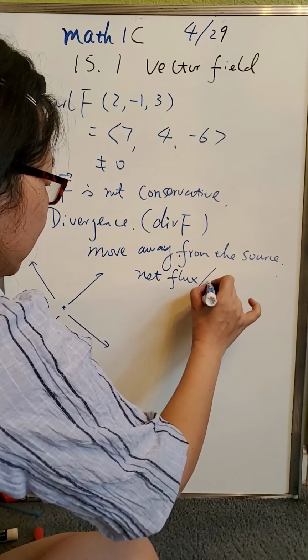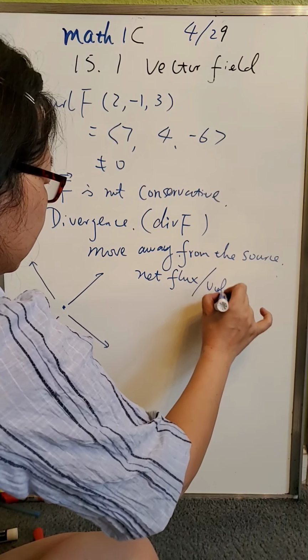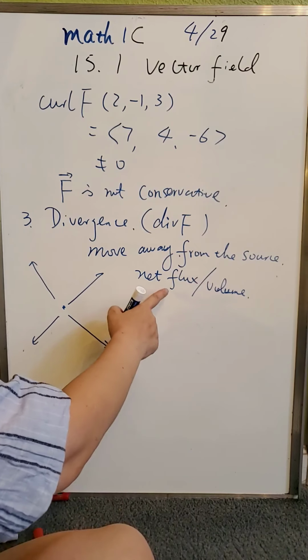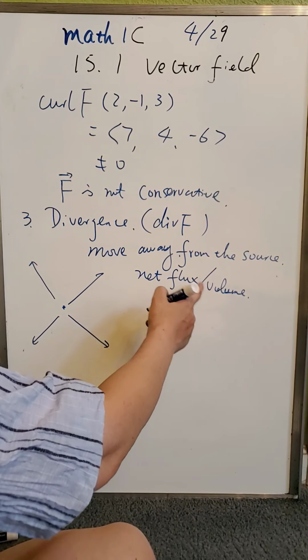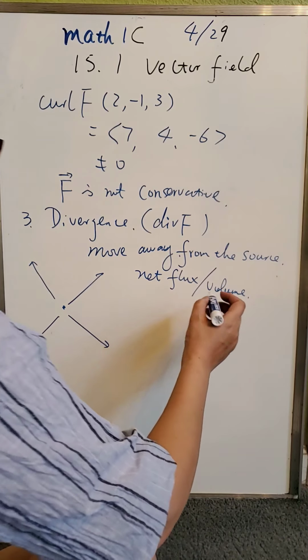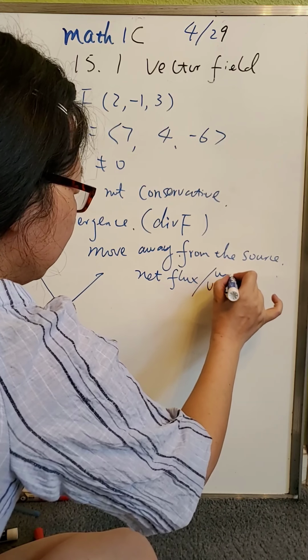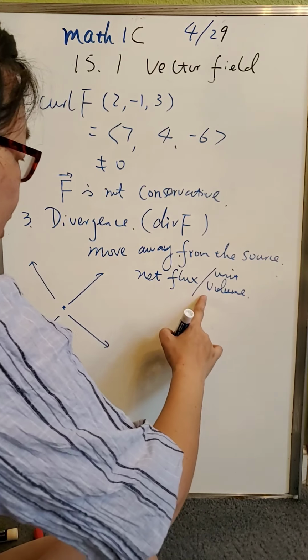Divergence is measured by flux divided by the volume, per unit volume. And it's a scalar.